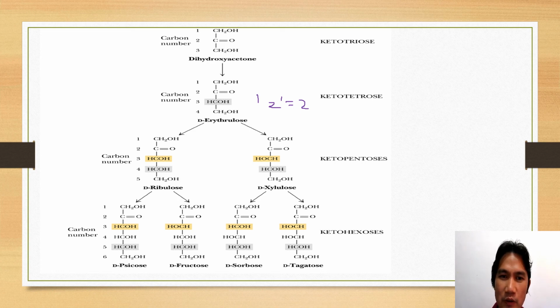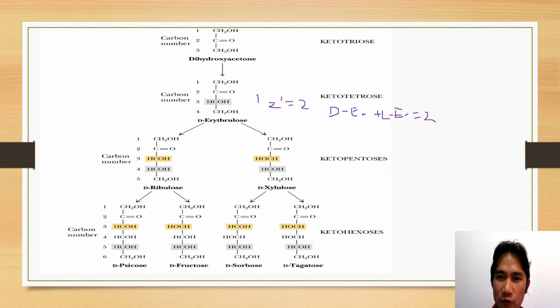What are they? D-erythrulose plus L-erythrulose, 2 possible arrangements of atoms. How do we call them?